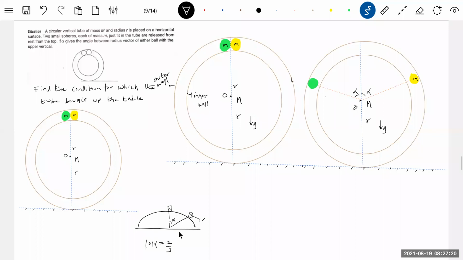Now the normal contact on the tube will be like this. They will have velocity. When they are about to leave, they will have tangential velocity. The normal contact on the tube will be like this. On the ball, you have to show it in this direction. Make observation on the tube, on the ball. Now the weight mg is acting. Look at this. Now if this is alpha, can we take this as alpha?